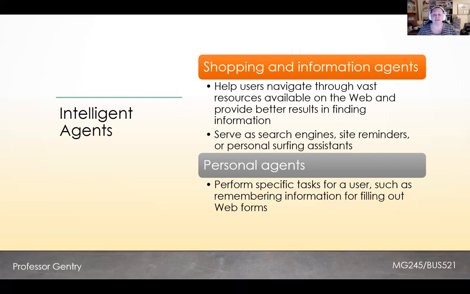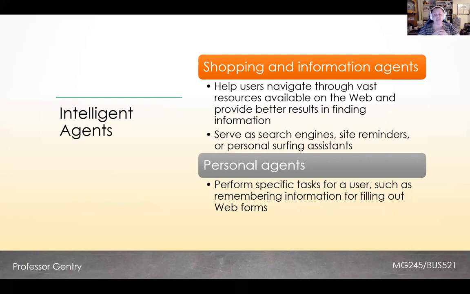Shopping and information agents help users navigate through the internet and provide much better search results. Since they can work much faster than a human and gather more consistent, more detailed information, they're good candidates for search engines, site reminders, personal surfing agents, things of that nature. Personal agents, on the other hand, are going to perform specific tasks for a user, such as remembering your information when you're filling out forms: name, address, zip code.